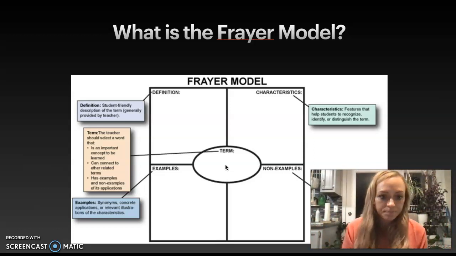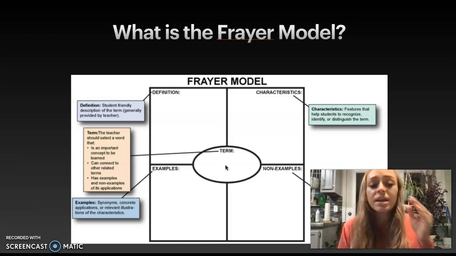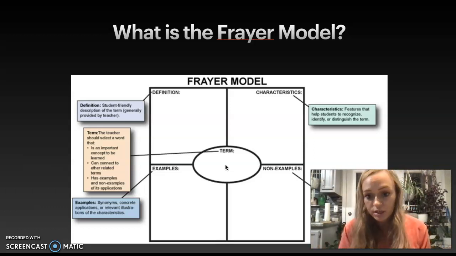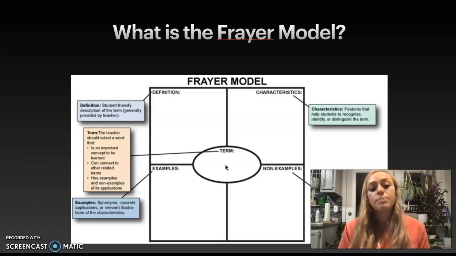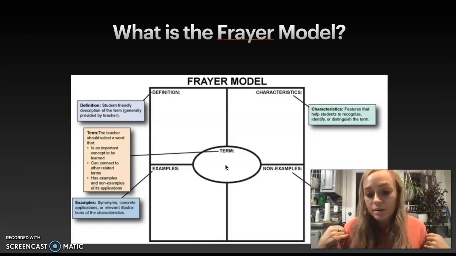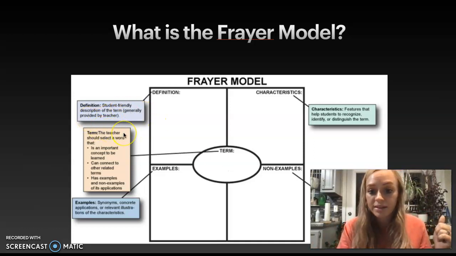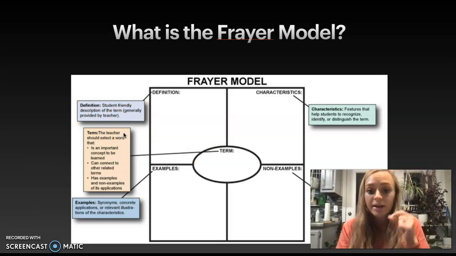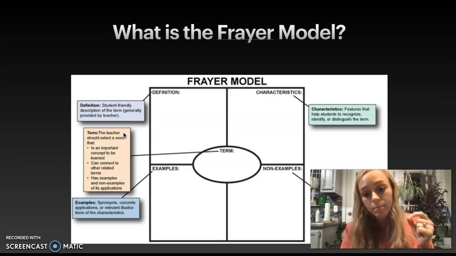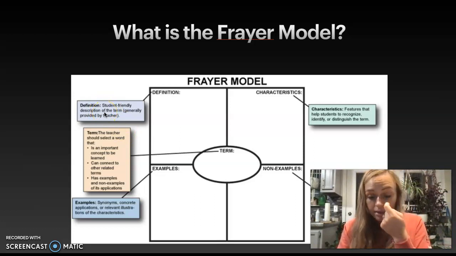The teacher is the one who comes up with the term. The students are the ones that are going to create the definition. They can look it up in a dictionary, or it can be what they would describe it as in their own words, or as it says here, the teacher can provide that definition, in words that the students will be able to understand. That could be very beneficial for them.